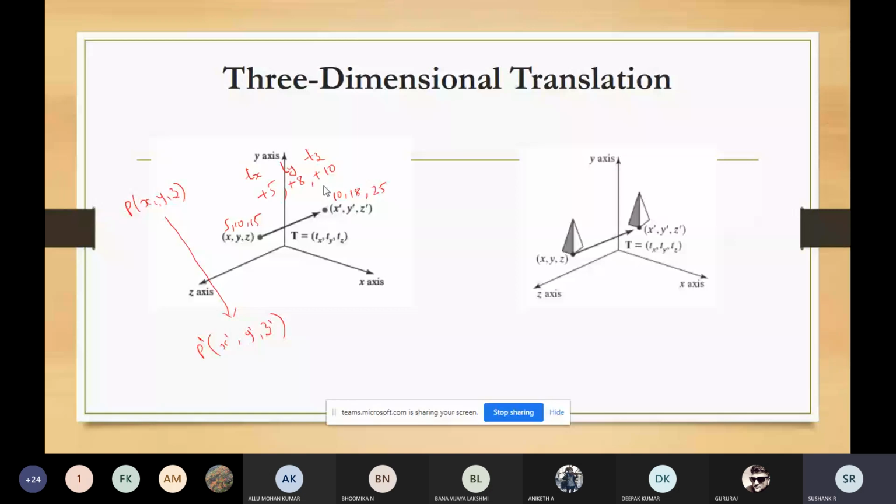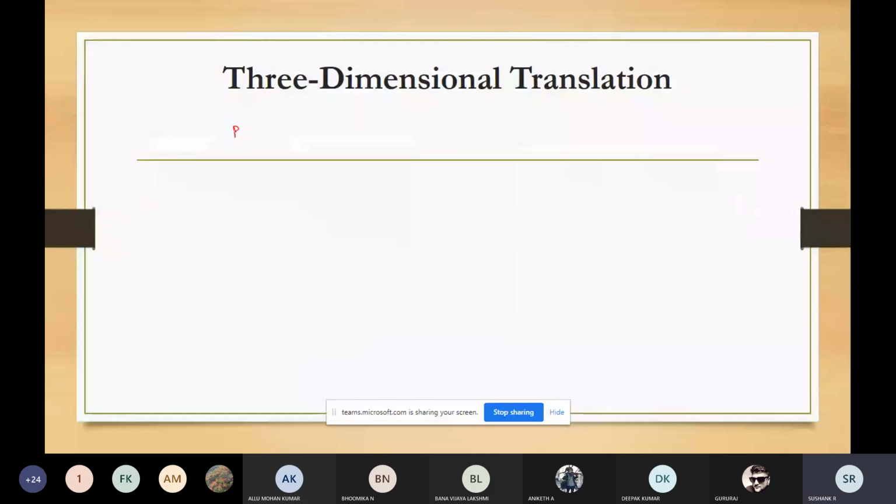This is just the understanding. Now let's see the math behind this. The point P is represented by x, y, z. I want to move it to a new point represented by x dash, y dash, z dash. How do I move that? I can move that by adding the terms tx, ty, tz. By adding tx to x, I get x dash.